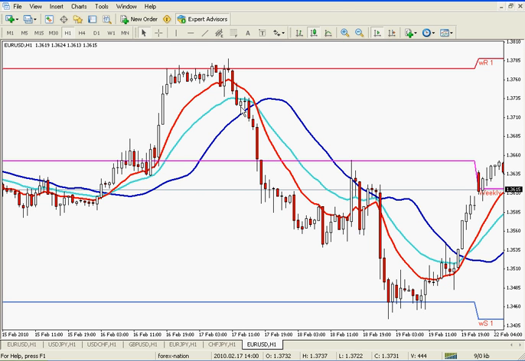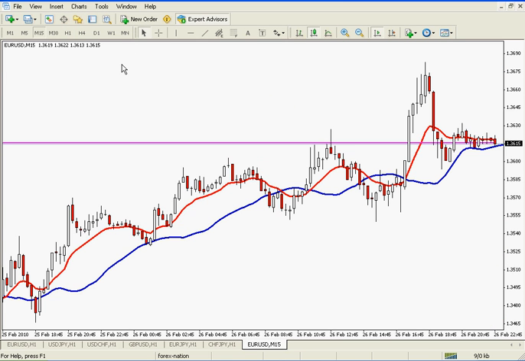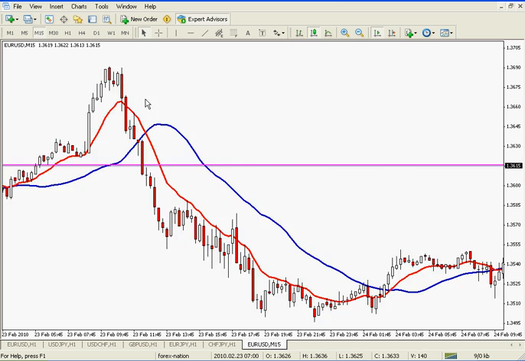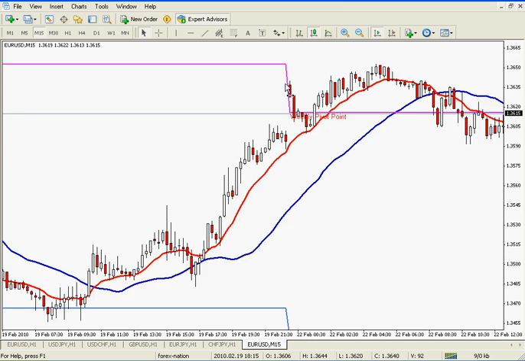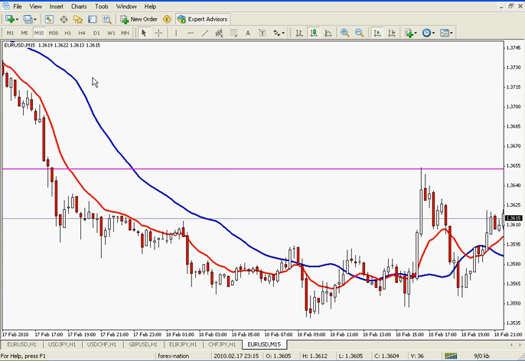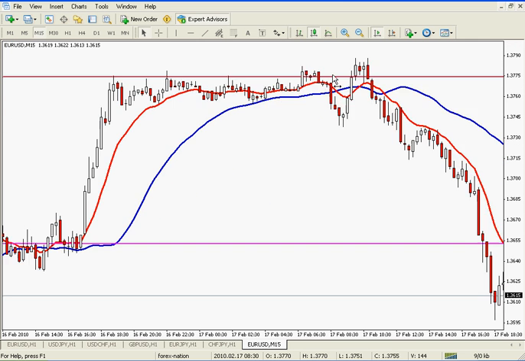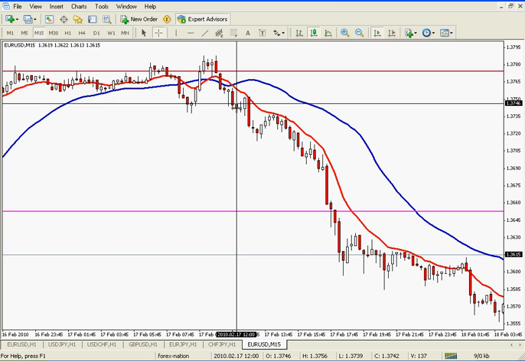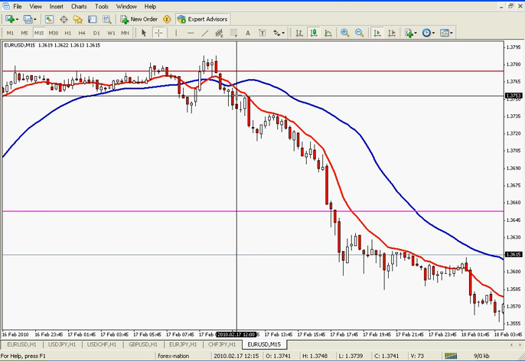What I do in cases like that, when I'm expecting the crossover to happen, is I'll zoom into my 15-minute time frame where I will leave the blue and the red moving averages up, and I'll look for the crossover to happen there because that's going to happen a lot sooner there than it would on the hourly. So here it happened, and I would have gotten in anywhere in here, so at 37, 50s.